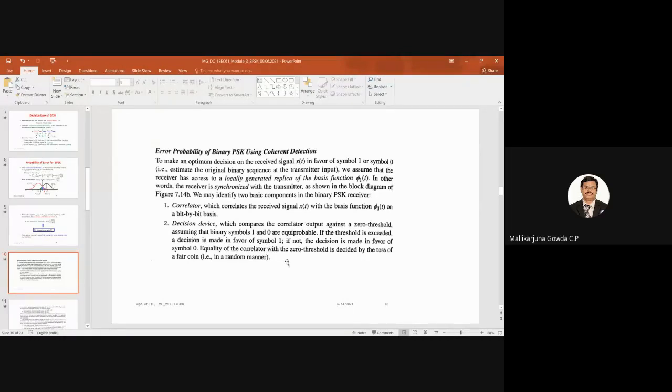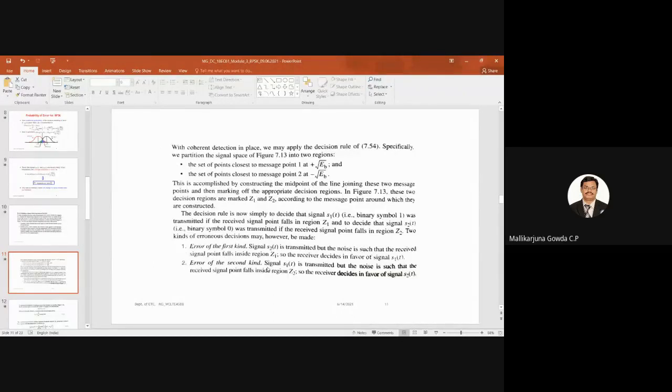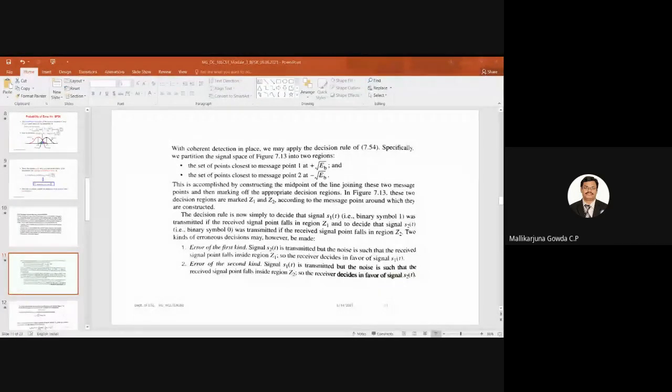Otherwise, the decision will be taken in favor of symbol 0. And as I said, equality of the correlator output with the 0 threshold is decided by the toss of a fair coin, so that is random in nature.